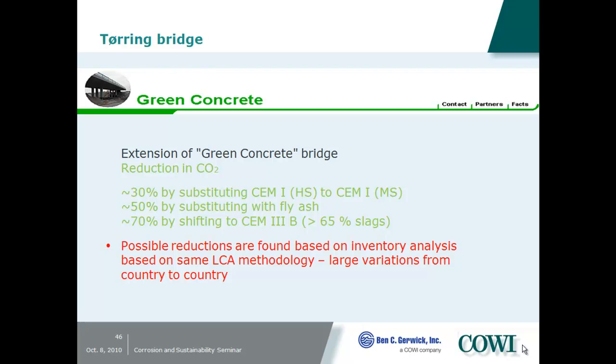For instance, on steel, when they produce steel in Sweden, they have a lot of water energy for the production, so the CO2 emission is very close to zero. If you go to China, it's a different process. So there it has a high impact. So you need to get your data from the area you're working in.